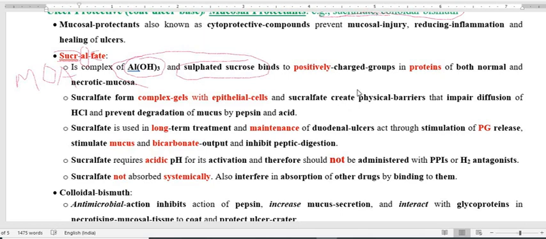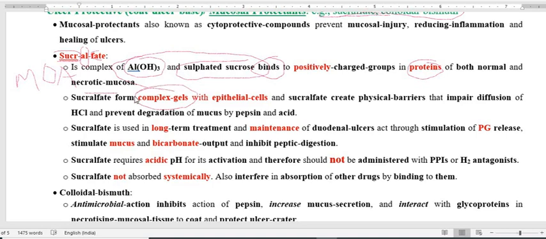Sucralfate binds with the positive charge present on protein. Where protein is present, that is on necrotic tissue or on a peptic ulcer, or the mucosa itself is a protein, sucralfate combines with the positive charge of the protein of the mucosa or peptic ulcer, and therefore forms a gel-like complex.